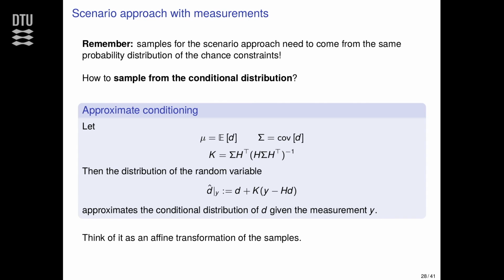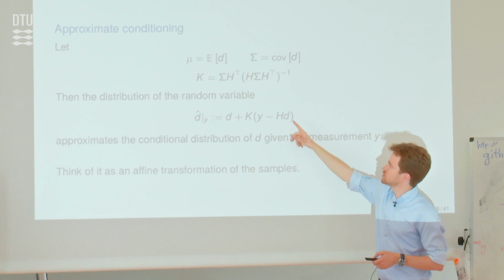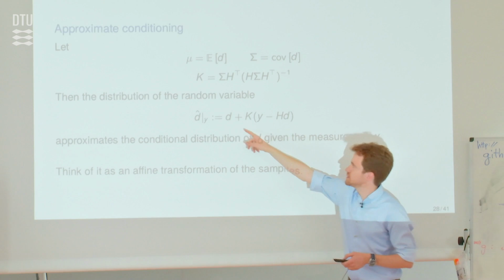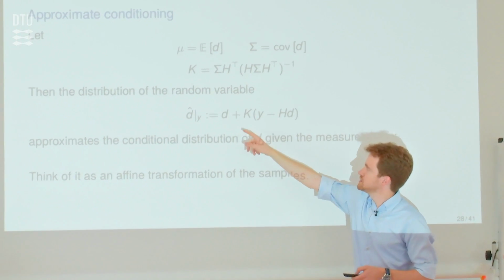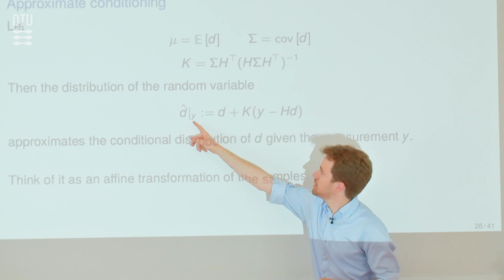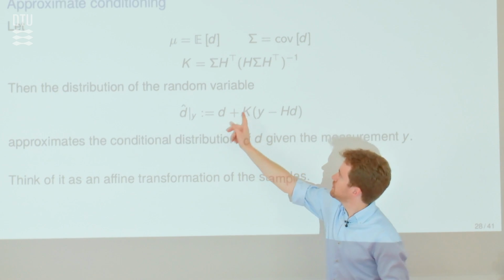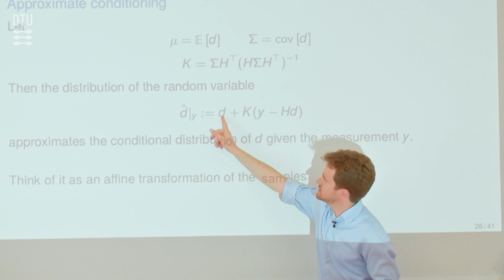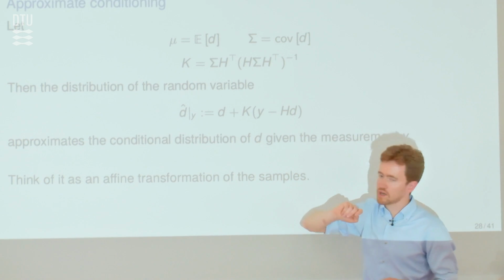Now consider a random variable, which I have this weird notation for. This is the d hat conditioned on y. It's just a transformation of the original random variable. The original random variable was d. And now I'm doing d plus K times (y minus h d). So this, you can see, depends on y, depends on K, and it has a transformation on d. Okay?